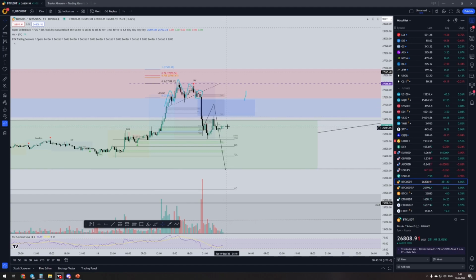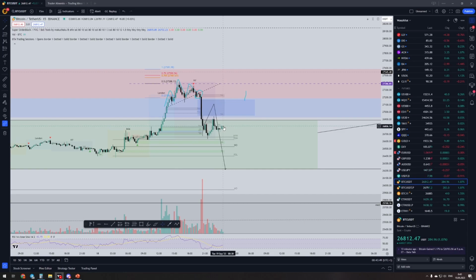If you open a long position, let's say here, it can just dump, take liquidity from this local liquidity, and then go up higher. That's why you cannot open a long position here.